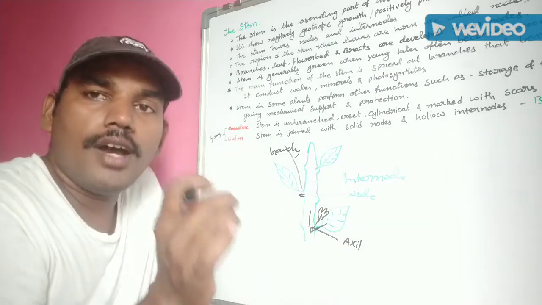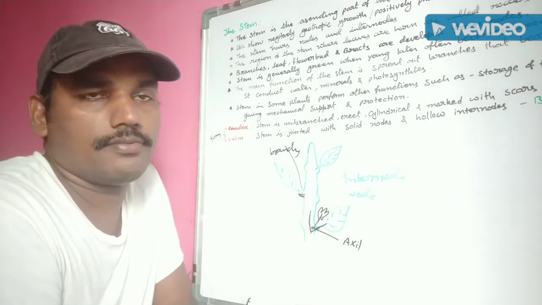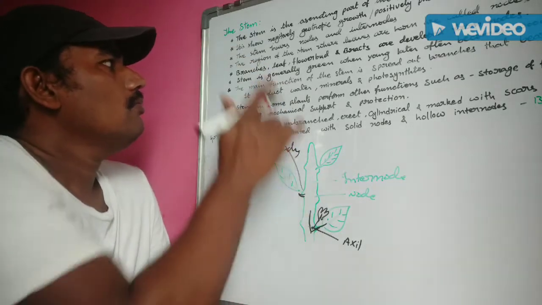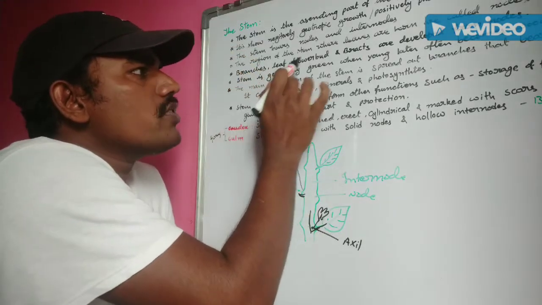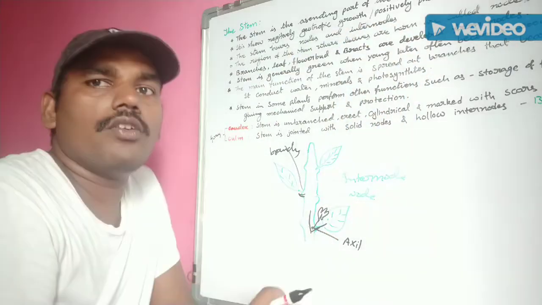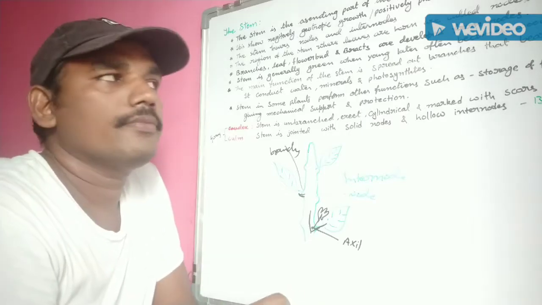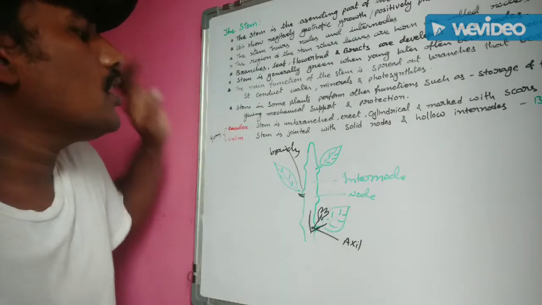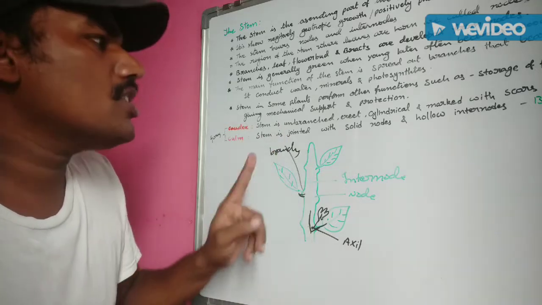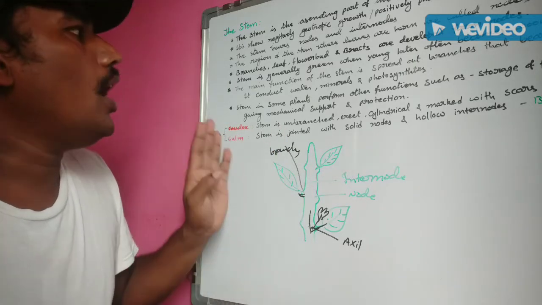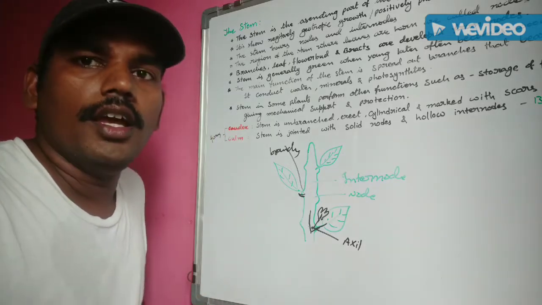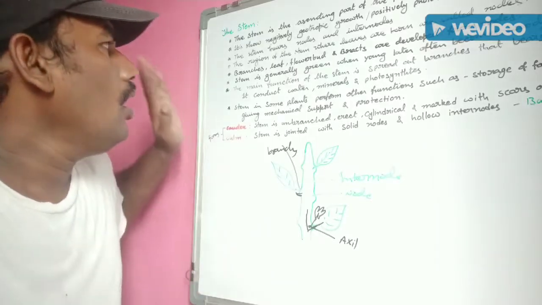Bracts means small green leaf-like structures. So the nodal region develops branches, leaves, flowers and bracts, and that part is known as the node. In this way, the aerial ascending part of the plant axis is the stem. The stem is distinguished into nodes and internodes.